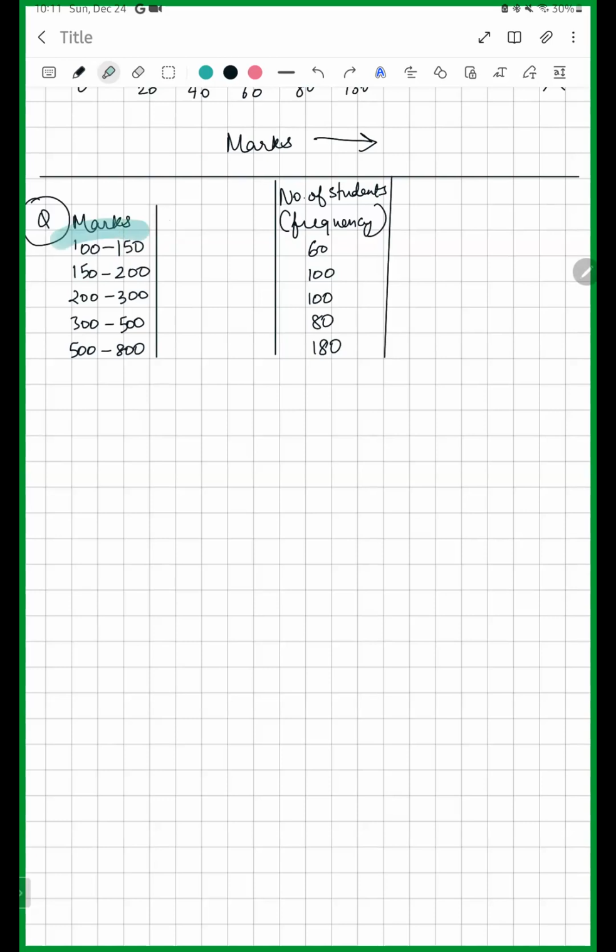Over here the class width is 50, here also it is 50, but here it is 100, here it is 200 and here it is 300. So the class width is different: 50, 50, 100, 200, and 300.